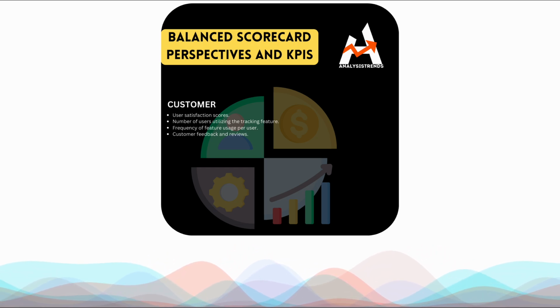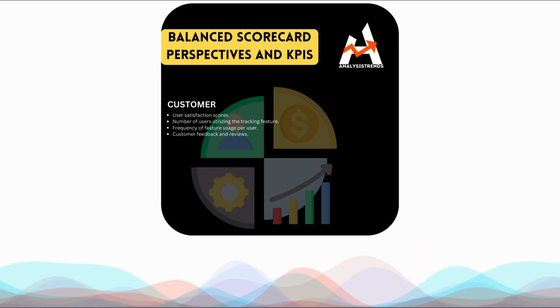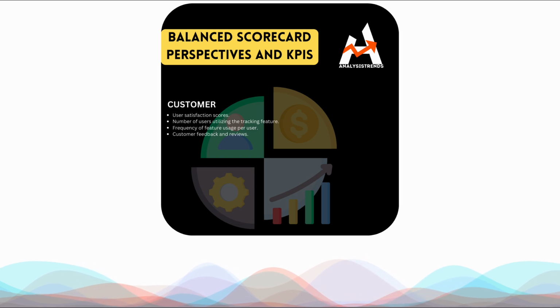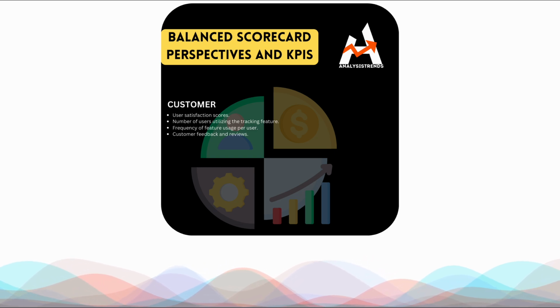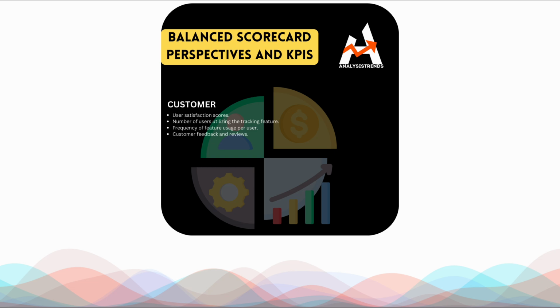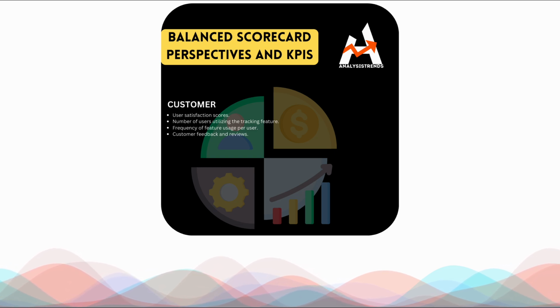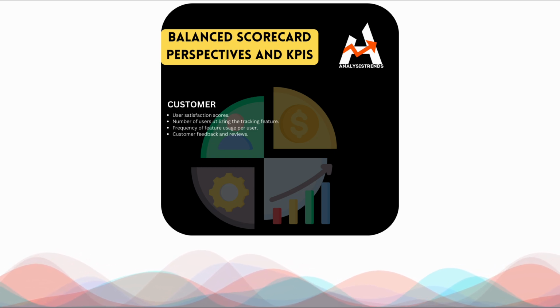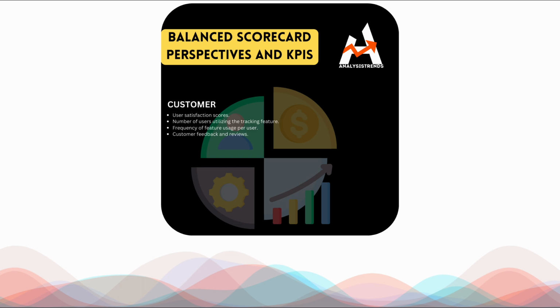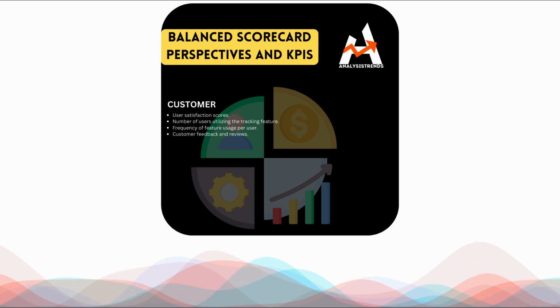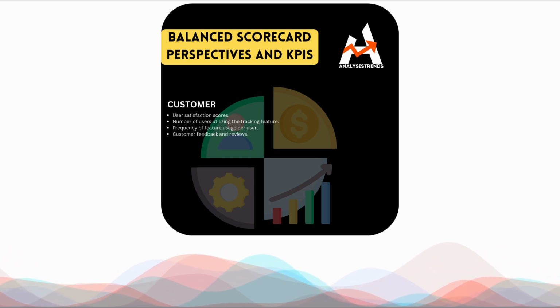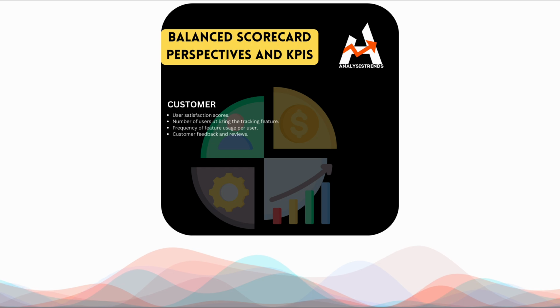We need to measure the user satisfaction score. Next, number of users utilizing the tracking feature. Next, frequency of feature usage per user. Next, customer feedback and review. So these are the KPIs which we need to focus on with respect to customer perspective.